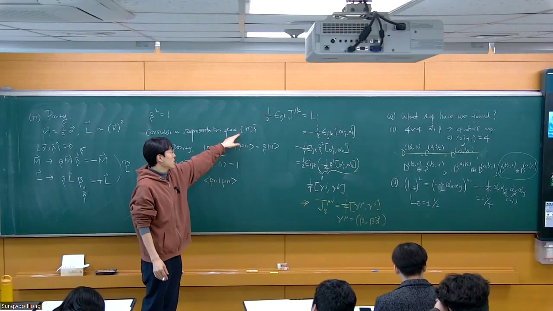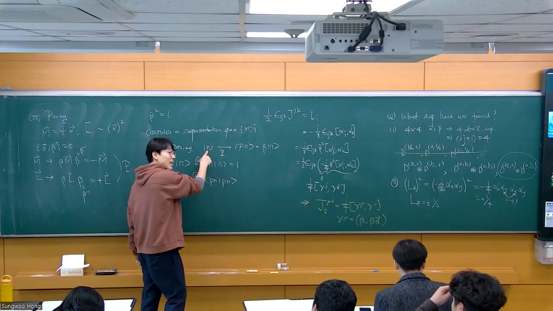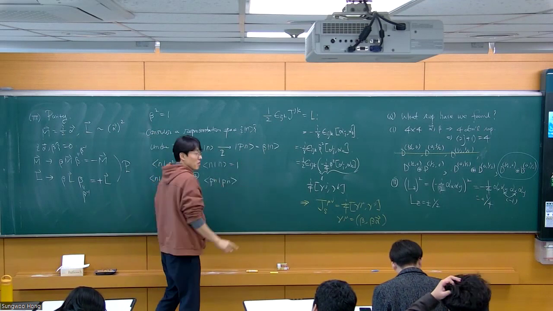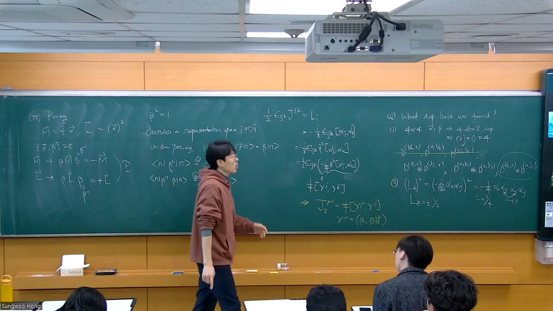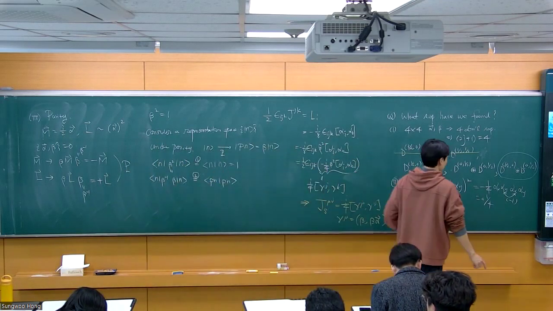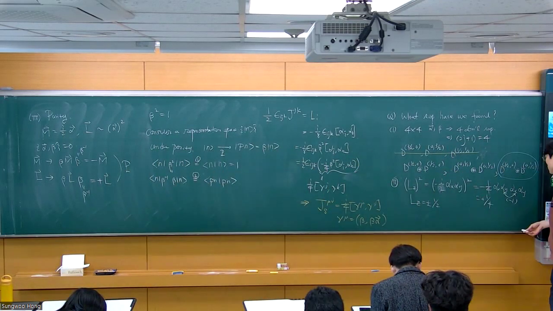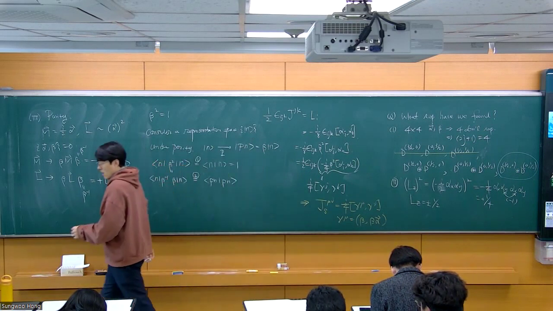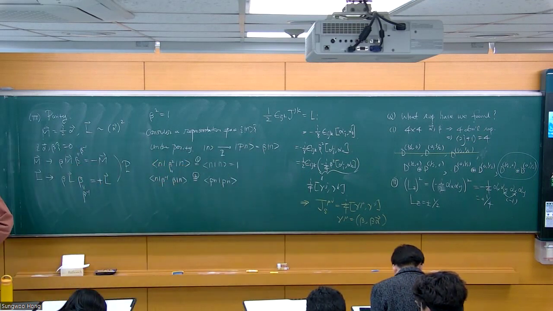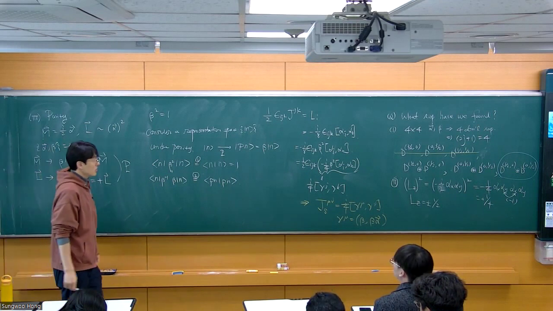What it means is that for any state in your representation space, there should exist the parity inversion state of that state. Which means that whatever representation I'm generating, starting out with the Clifford algebra, should be parity invariant. Good. So that's the physics part of what I was saying.